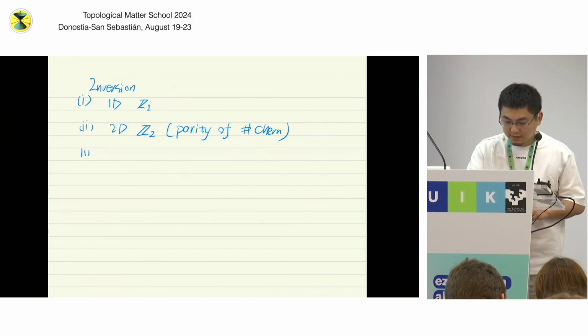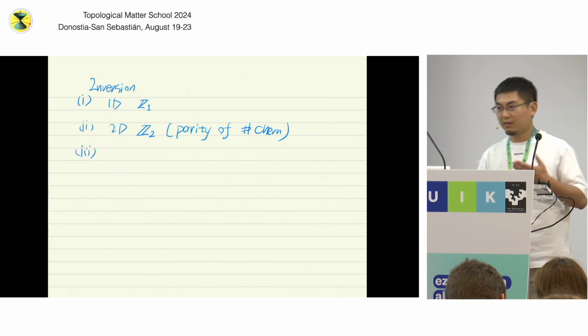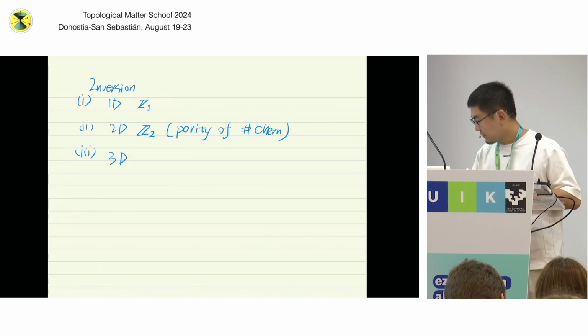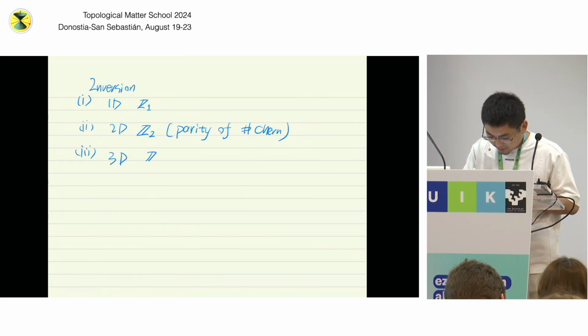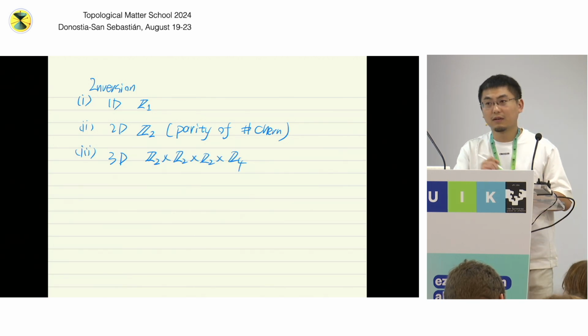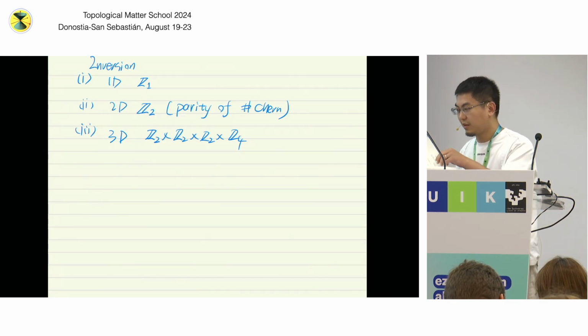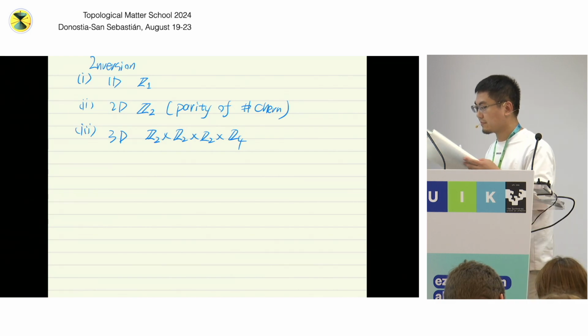And in 3D, the classification turns out to be a bit more complicated. We find that the classification is 3 Z2 factors and a Z4 factor. Now let me explain what this classification means and what topological states they correspond to.